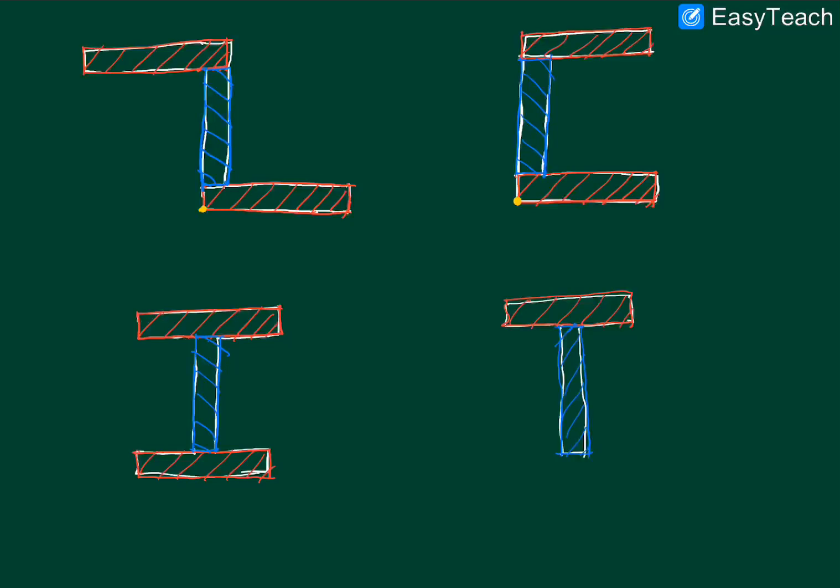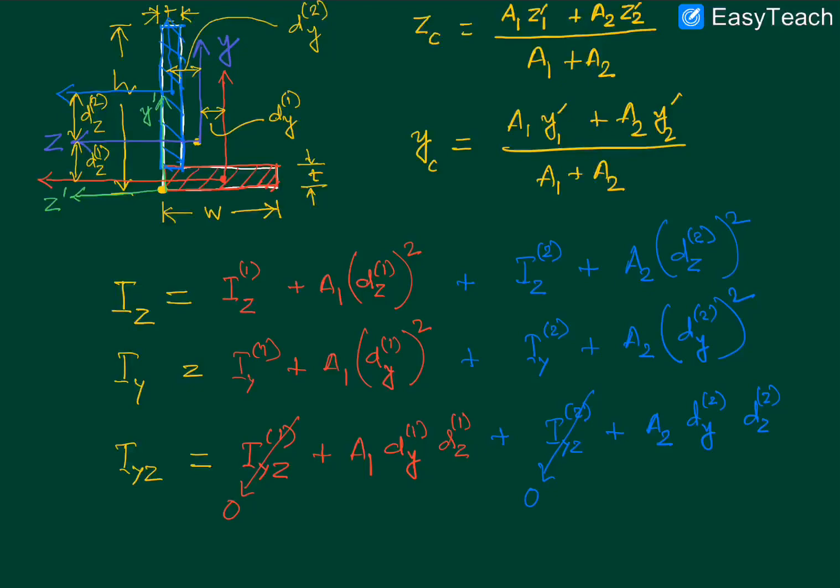You'll see that in many textbooks, these are the kind of cross sections on which most of the problems are based. But as I had earlier discussed, the I section here and the T section here have some sort of symmetry. This also has some sort of symmetry, but the L section that we had discussed earlier doesn't have any symmetry, especially if you consider that W is not equal to H here.